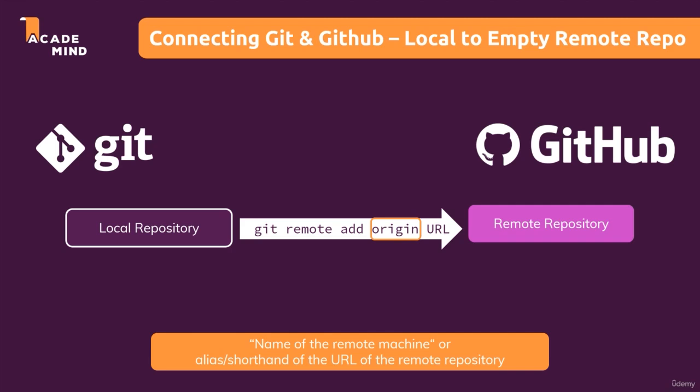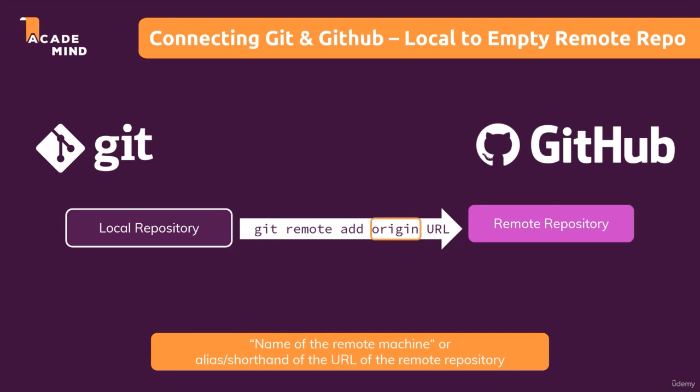Origin here is a name that we could change, so we could use a different alias, a different shorthand for this repository. Generally, in real-world projects, and also for the purpose of this course, we'll refer to the origin keyword as the shorthand for the URL of our remote repository.